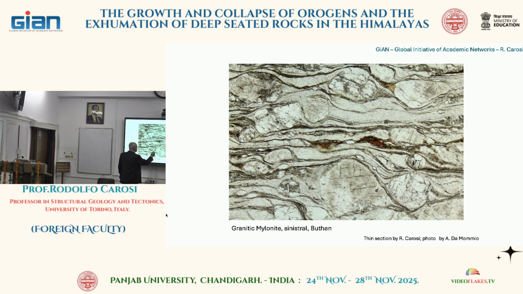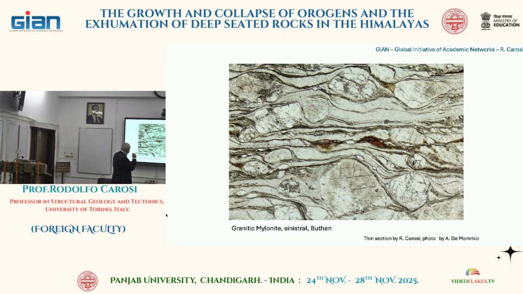There are also smaller porphyroclasts. That means that the deformation is not uniform in the section. Less deformation here and much more deformation here. Maybe protomylonite and mylonite. So deformation is very heterogeneous also at the centimetric scale.